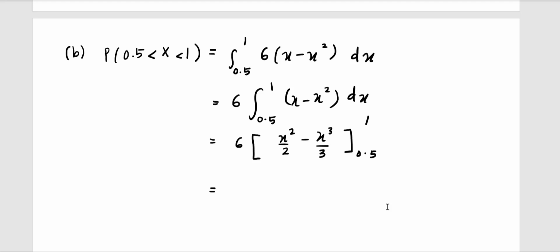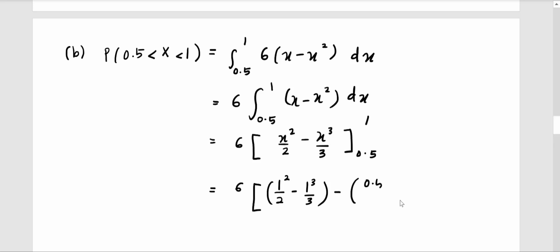We substitute when x equal to 1, minus when x equal to 0.5, into this function.